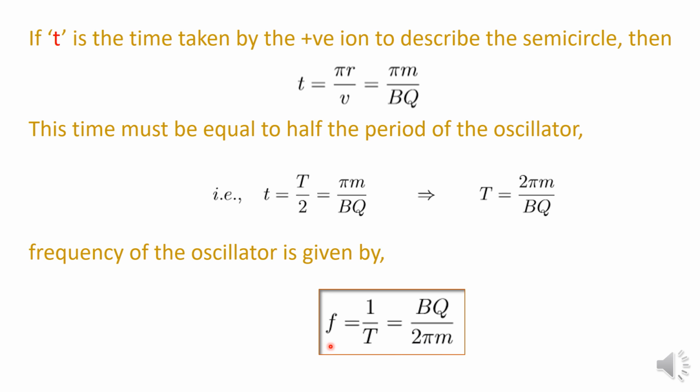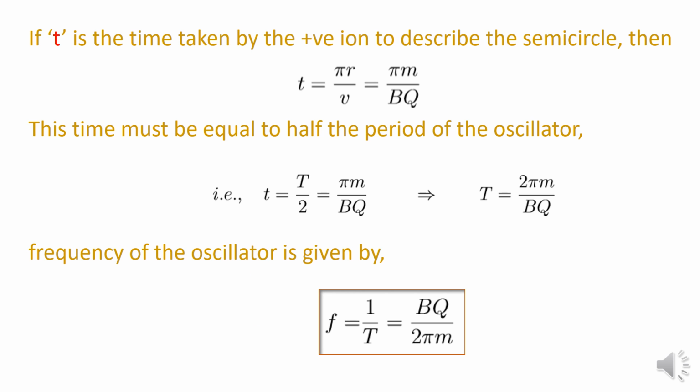Therefore, the frequency of the oscillator should be adjusted before we accelerate the particle. By looking at the charge and the mass, B is adjusted to get a sufficient value of the frequency. This is the expression for the frequency of the oscillator in cyclotron.